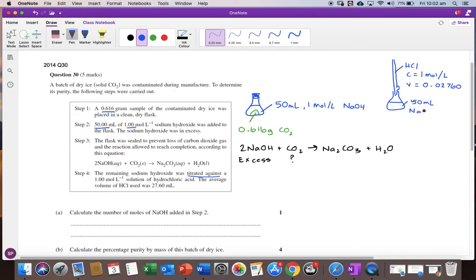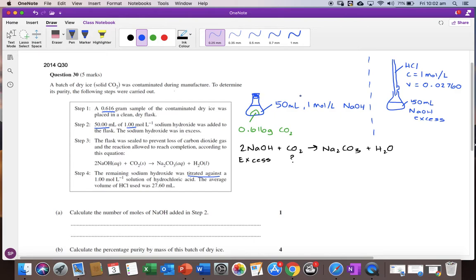And this is our excess NaOH that's being titrated. Okay, so 2 reactions, exactly the same as the aspirin prac that we did in class. Remember we added the aspirin to the NaOH, and then we had excess NaOH, and then we titrated that against HCl. So it's exactly the same as the back titration that you did in class.